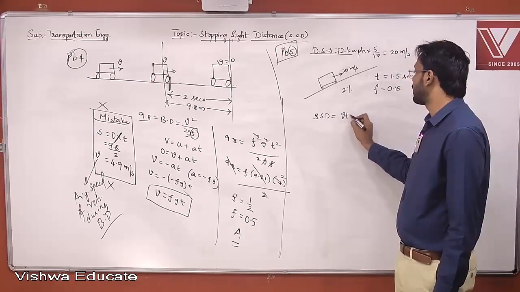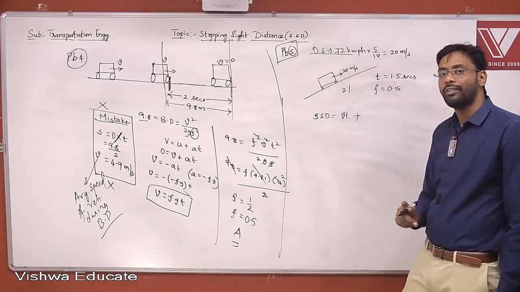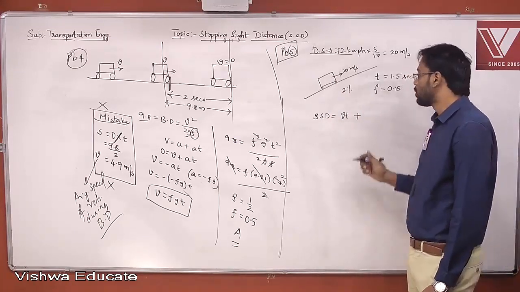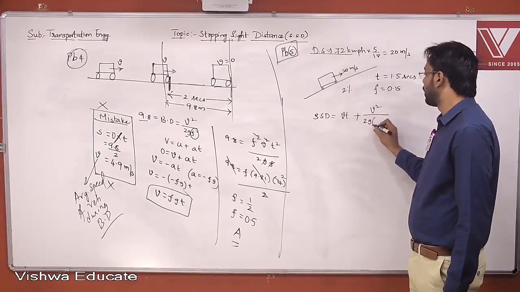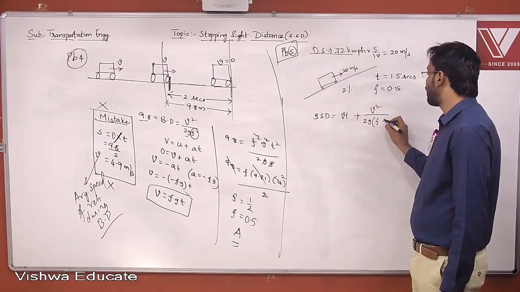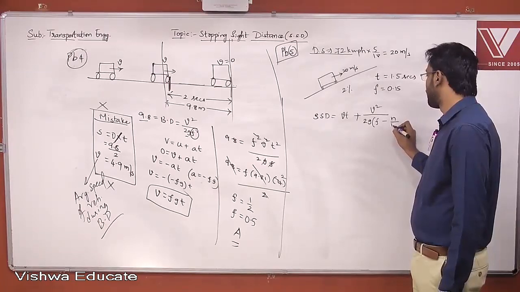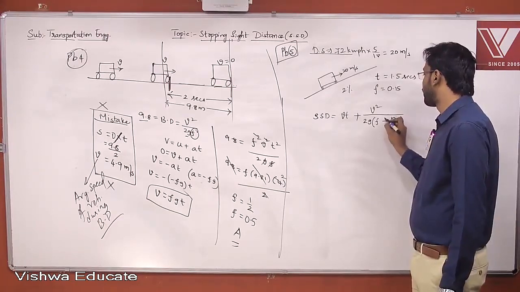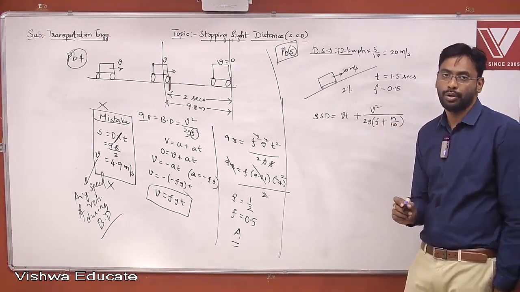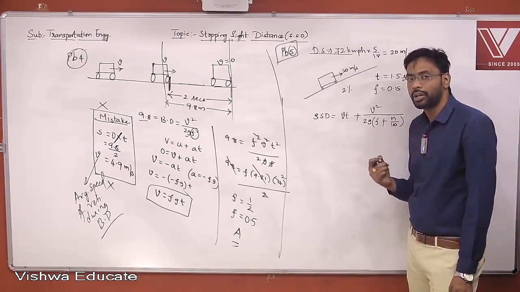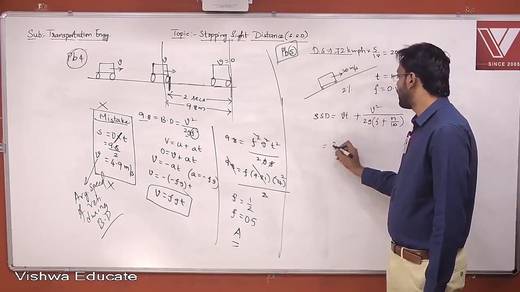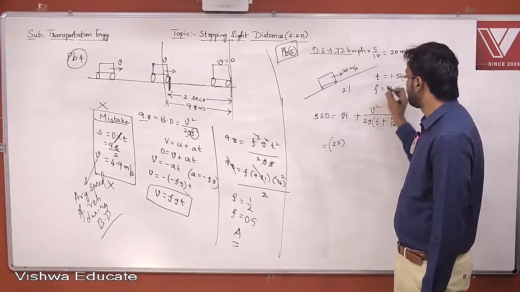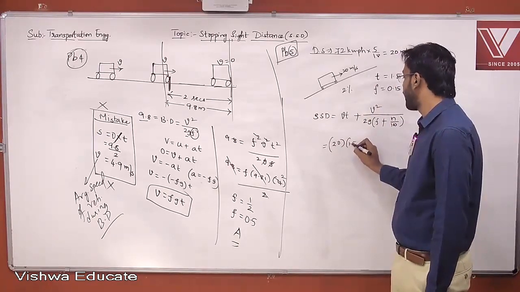So v into t plus, now here you have an upward gradient. So for an upward gradient we should consider the effect of gradient, f plus or minus n by 100. Now, as you have an upward gradient, we should consider positive, right? Upward gradient is indicated with positive. So design speed is 20 meters per second. Reaction time is 1.5.